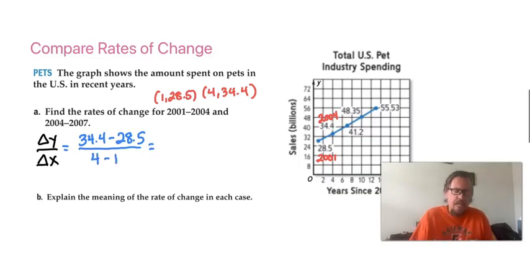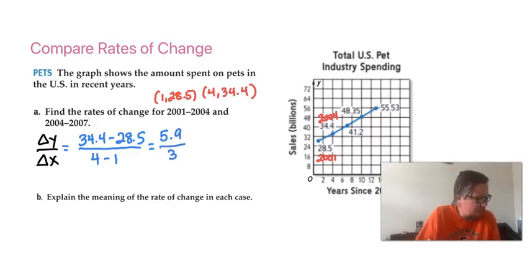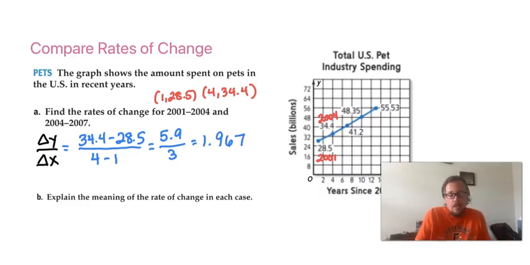On the top, we've got 34.4 minus 28.5, and that is going to give us 5.9. That sounds right. Divided by 3, and that's going to be 1.967. So the rate of change is 1.967 over that 3-year time period.